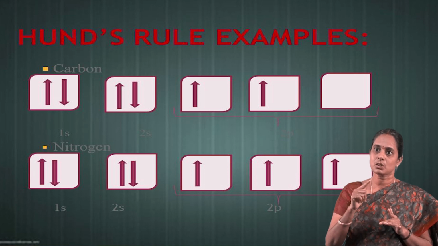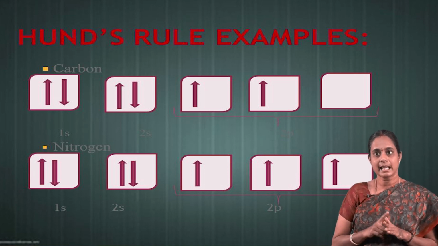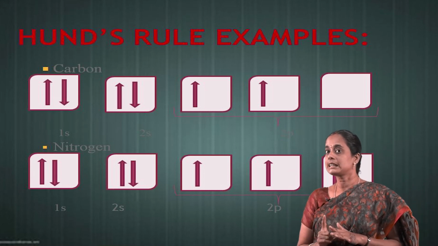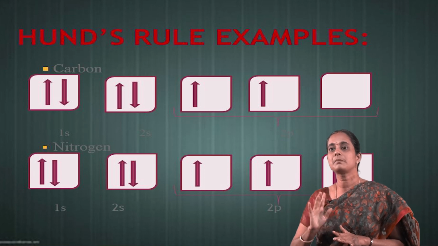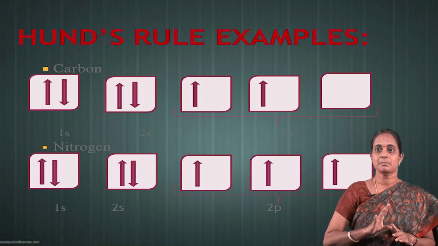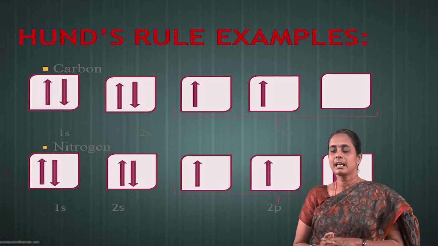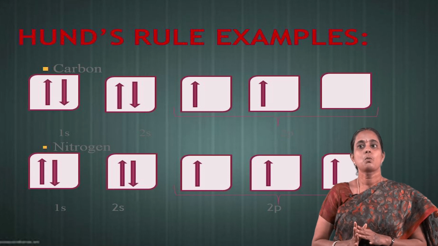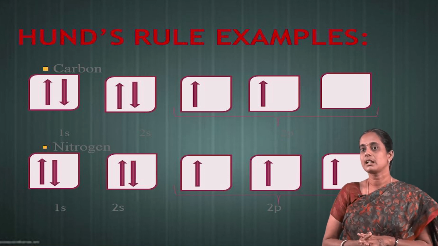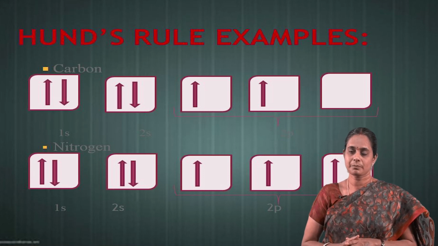So the first electron enters the first p orbital, the second electron enters the second p orbital and the third electron enters the third p orbital. The fourth electron only comes to the first p orbital, so that pairing takes place. Thus, pairing takes place only after all the available orbitals in a given subshell contain 1 electron each.